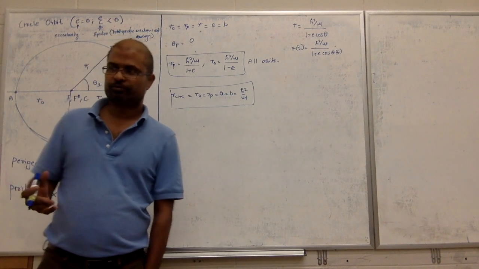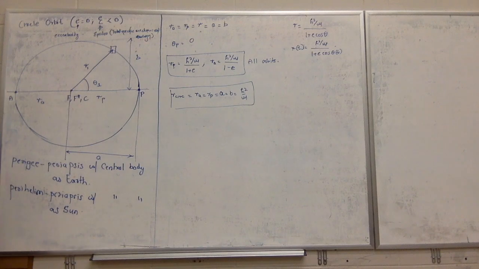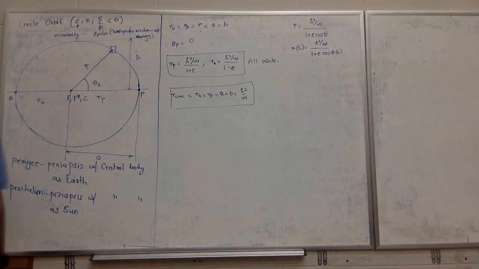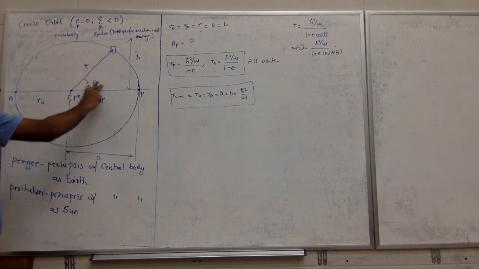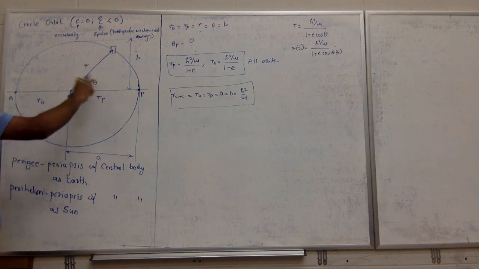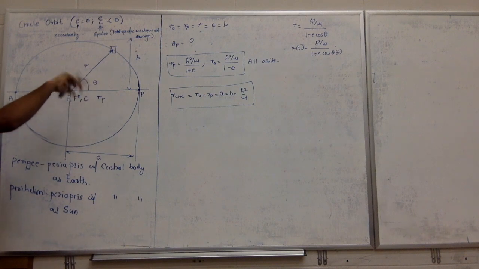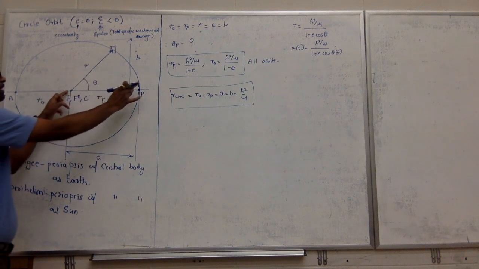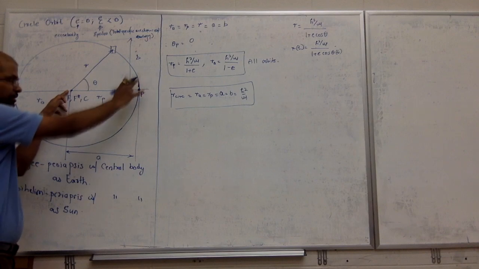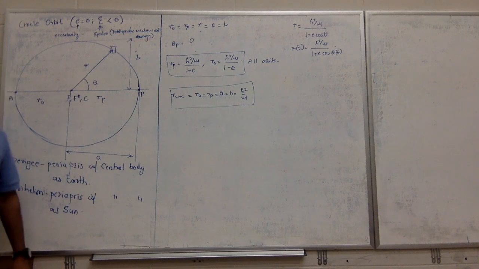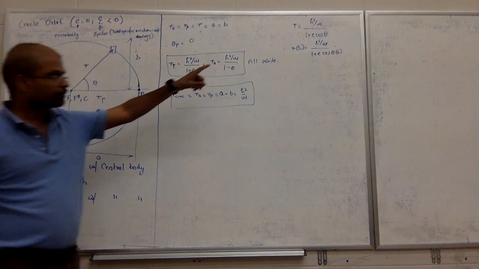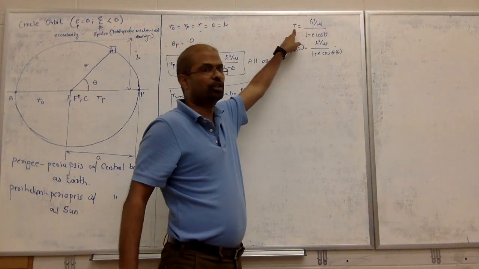What's the distance of r_A? Is it just r1? Which one's r? r_P is specifically this. When the satellite is here, this becomes r_P. But all others are r. What you have to understand here is r is changing.